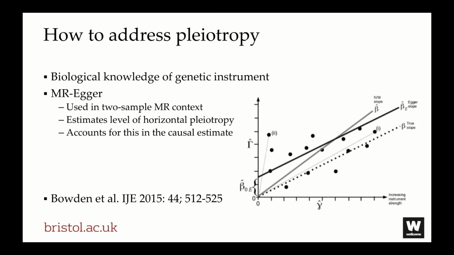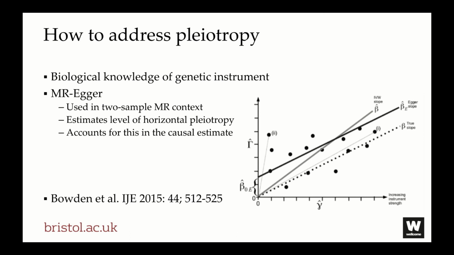What MR-Egger does is allow this intercept to move. So it's literally testing if there is no effect of the SNP on the exposure, what is the independent effect of the SNP on the outcome? By doing that, not only can you estimate the intercept, which is the pleiotropy in this example, it's allowing that to be taken into account in the causal estimation.